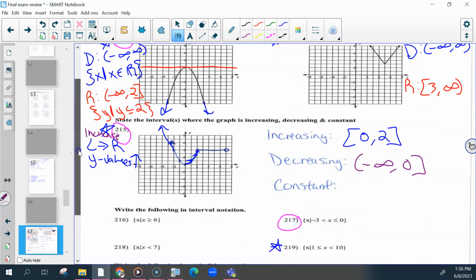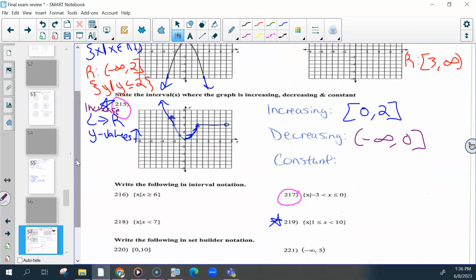Starts at this point, ends at this point. Constant, where your y values don't move as you look left to right, starts at 2 and ends at 7. But 7 is open.